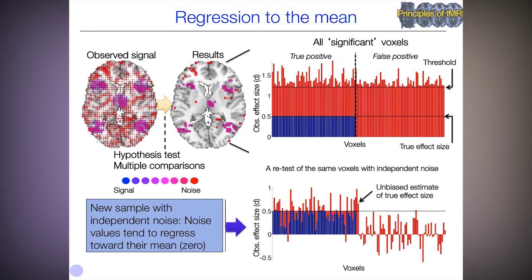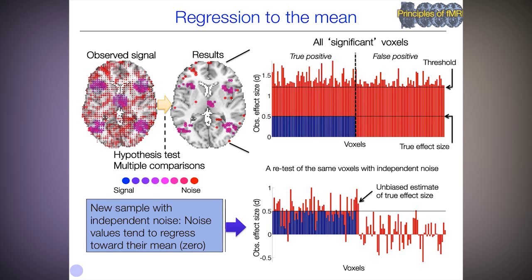So a retest of the same voxels with independent noise gives me an unbiased estimate of the true effect size. So now you see that the effect sizes are much lower and they vary around the true effect size, plus or minus noise again, right, where there's real signal, and they vary around 0 where there's no signal.